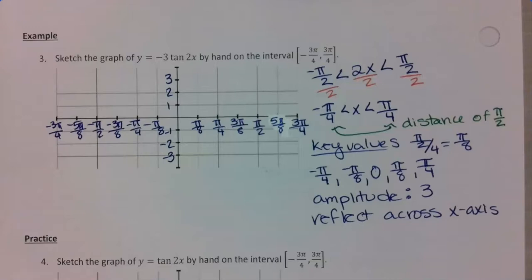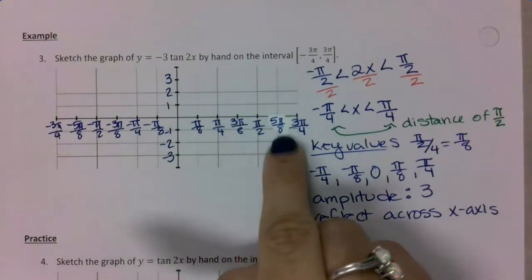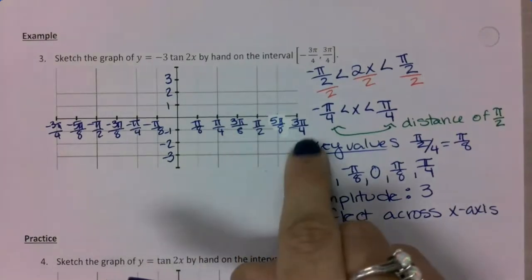This one's 3 pi eighths, pi halves, 5 pi eighths, and 3 pi fourths.